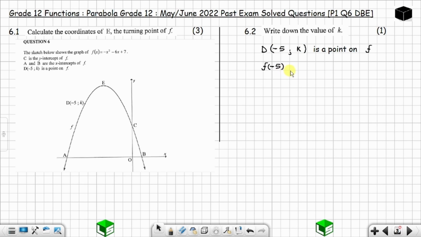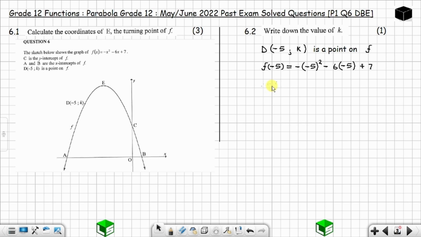So f of negative 5 is equal to negative x squared, so it's negative, your x is negative 5 squared, right? And then you have negative 6x, your x is negative 5, right? And then you have plus 7.